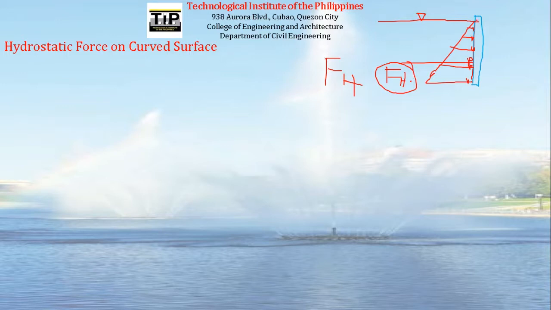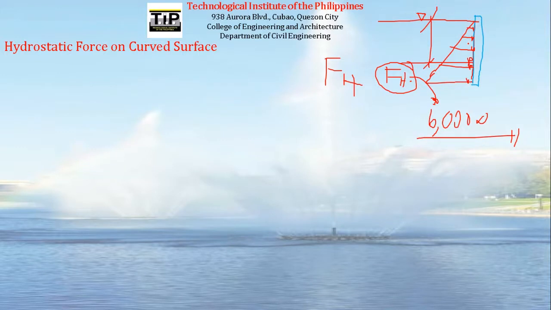This triangle, this pressure diagram, can be represented by this single F sub h. Let's say the magnitude of F sub h is 6,000 newtons. So the pressure exerted by this water is 6,000 newtons. We also solved for the position of F sub h.